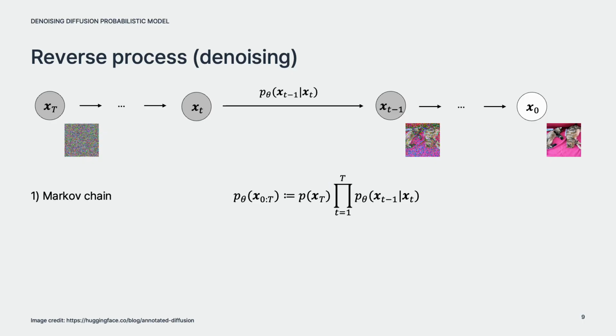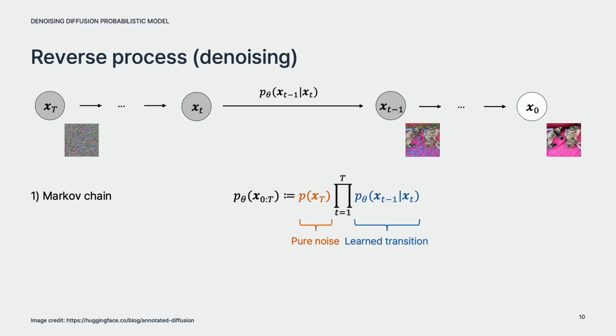And obviously this reverse process needs to be done with our model theta. And this p theta of x0 to T is defined as follows: p of x large T multiplied by p theta of xt minus 1 given xt, and these are all connected via the Markov chain.